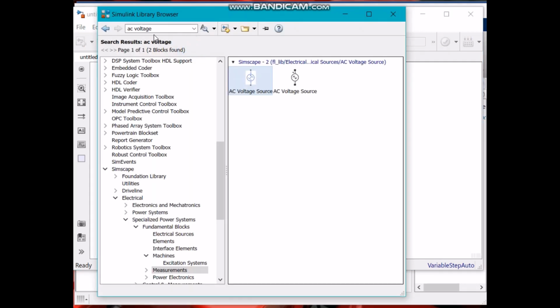Okay, let's go to library browser. Oh, yes, we need AC voltage. Yes, we do need that, and we need voltage measurements.